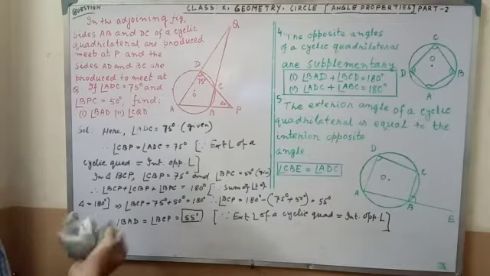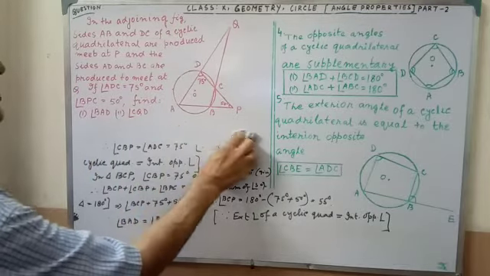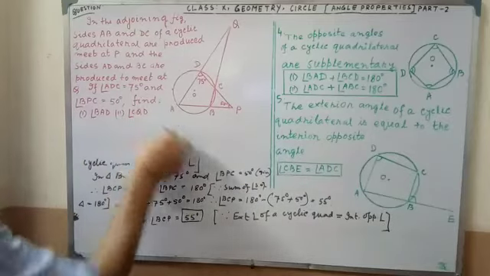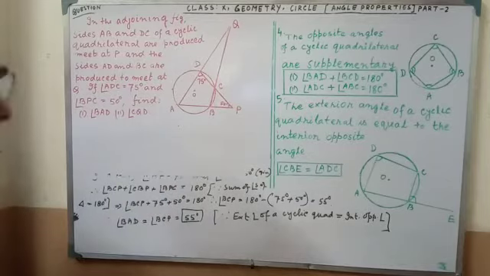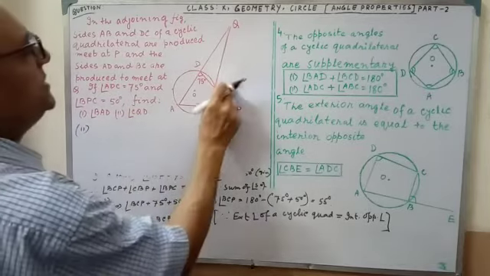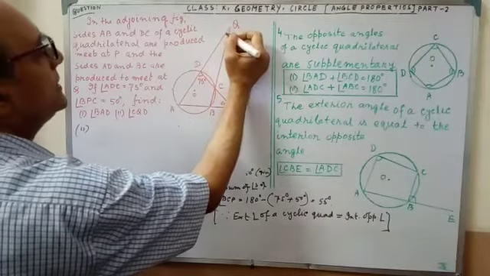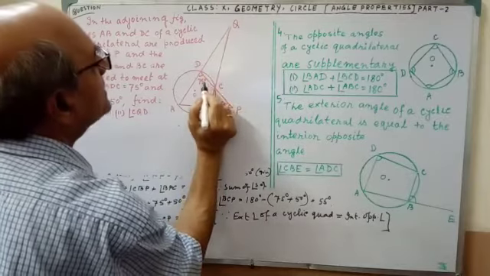Now we have to start the second part. See the diagram. I have told you that you have to see the diagram. Part 2, CQD is required. CQD is this angle. To get this angle, we have to find out this angle and this angle.